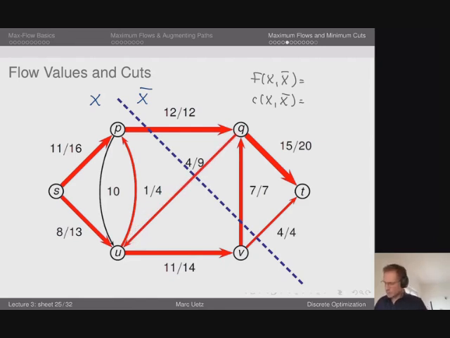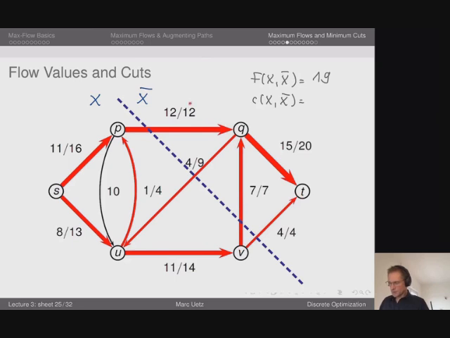So again, we get the flow value 19 as expected. And what is the capacity of this cut? Well, we again just collect the capacities of all the edges that cross the cut in this direction. So that would be this one, and this one.